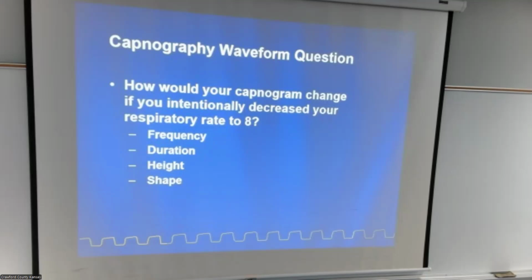So how would it change if your patient went from breathing 20 times a minute, which is nice and pretty, to breathing 8? Now what's our CO2 waveform going to look like? Wider, taller, and slow.